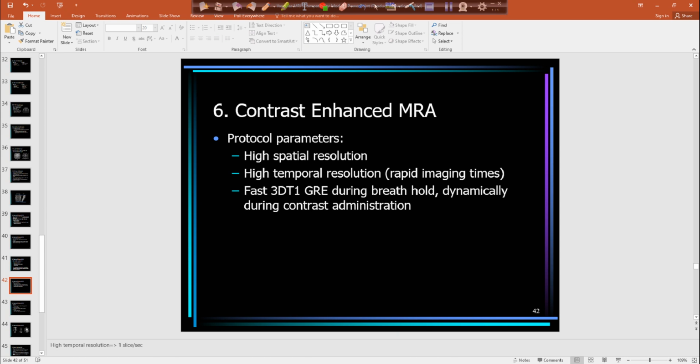So these are usually very fast 3D T1 gradient echo breath hold exams. They're only a couple seconds, so you just have the patient hold their breath and then start the pulse sequence. As you inject, usually you start to click through all those okays, but then there's that one where you have to make sure they hold their breath while you're imaging the arterial phase of the abdomen.